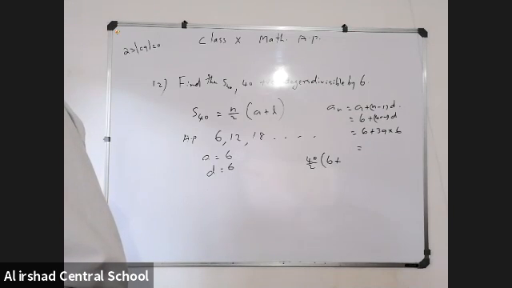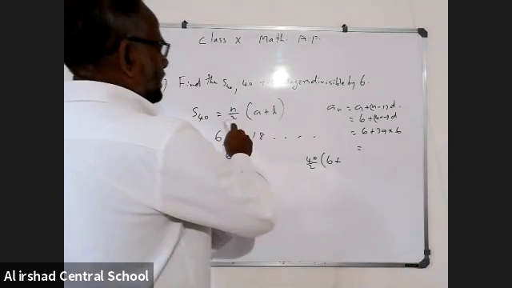So you can apply the first formula also, or the second formula, where you have A plus L. Now here, A is equal to 6 and D is equal to 6. Positive integer divisible, we don't think too much. Here N is 40. You can apply the formula N by 2 into 2A plus N minus 1 into D.